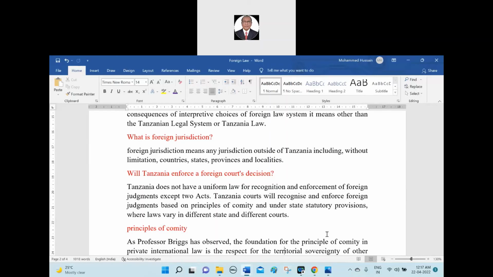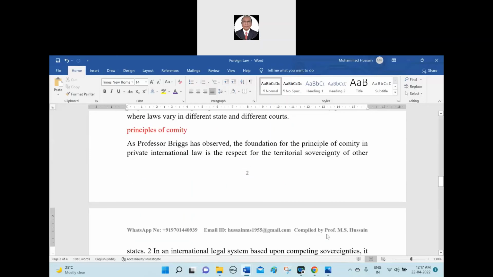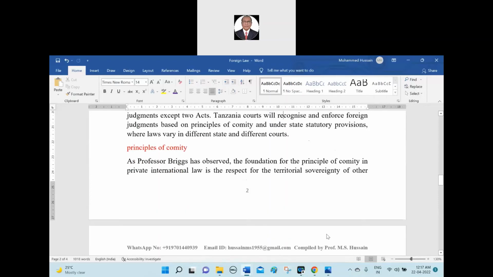Yes, Prof. Under the state statutory provisions, different states or different countries have different laws and different courts also. For instance, what is the apex court in Kenya?